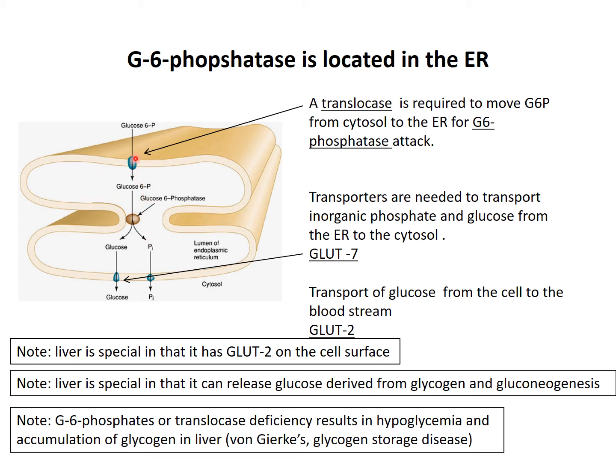So what happens when this enzyme is not working? Glycogen will accumulate in the cell and cannot be used by the liver to balance blood glucose. Probably I should have put something here in big red letters. Having gluconeogenesis in the liver, having this special enzyme and transport system in the liver ER, and glucose 6-phosphate coming from liver glycogen and gluconeogenesis makes sure that the liver will be able to balance blood glucose.